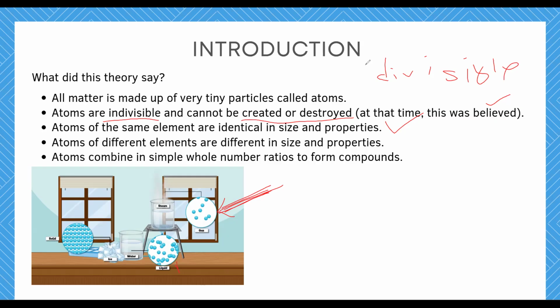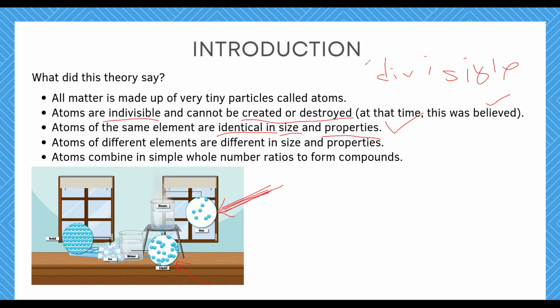The same thing applies to the liquid over here. All the particles have the same size and everything about them is basically the same. That is what the third idea of the atomic theory is saying. Atoms of the same elements are identical. Identical means the same. Just like if I say identical twins, it means they look the same. They are identical in size and identical in properties.